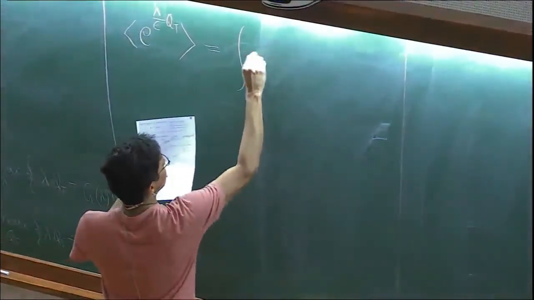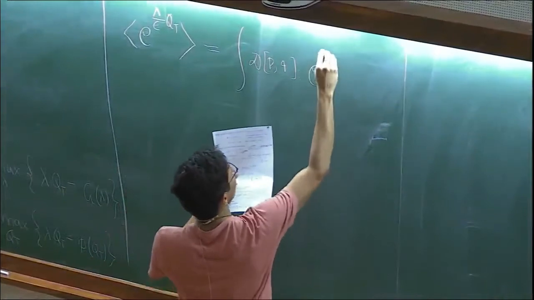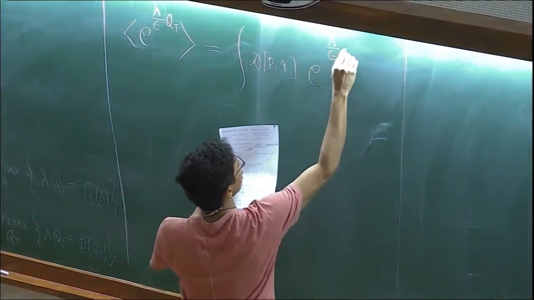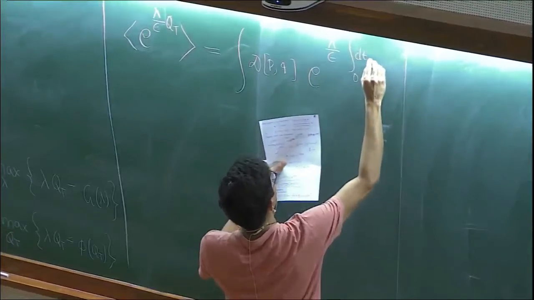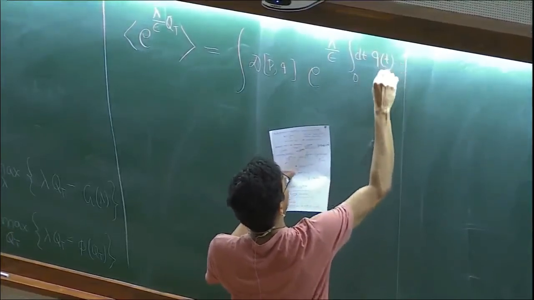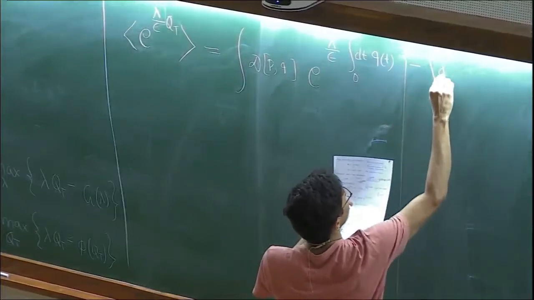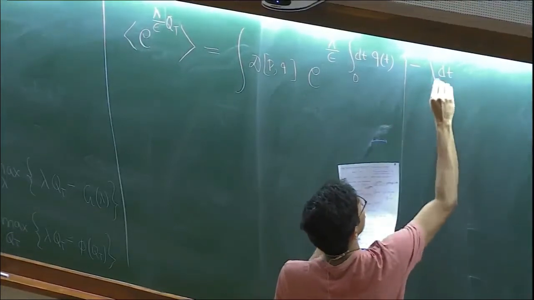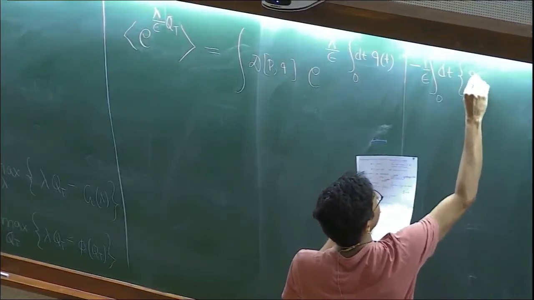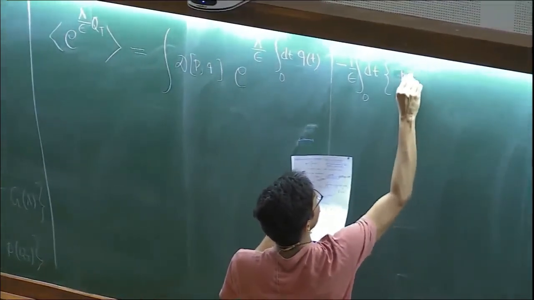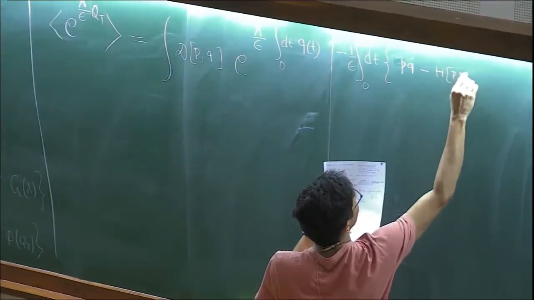Now I have the action formulation, so P of Q, e to the power lambda over epsilon, Q of T, minus the action. So this is the integral dt from 0 to T of 1 over epsilon, and I'm going to write it in the Hamiltonian form, P Q dot minus H of P, Q.